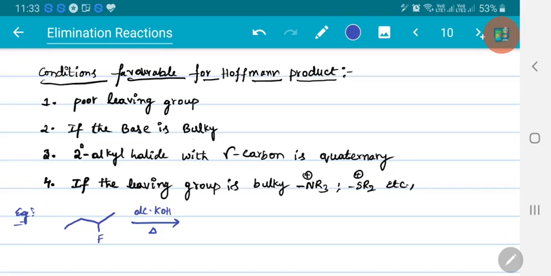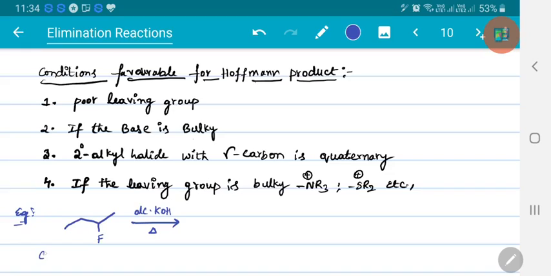But whenever fluorine is present, in such cases neither SN1 nor SN2 is preferred. In such cases, we have to go for the E1cB type mechanism. That means first a carbanion is formed, and that anion shifts, making fluorine leave. Let me explain that.